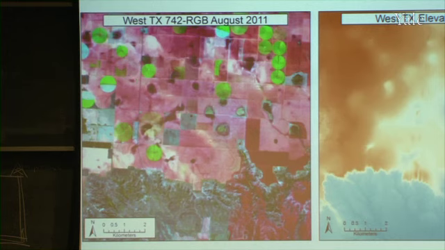Those are agricultural fields that are in general not irrigated. That's generally rain-fed agriculture in those areas. And then down here you have some natural areas. It's rugged shrub and grasslands down in the southern part of the image. So we've got a nice mixture of land cover types, and we can see how the drought impacted those different land cover types.